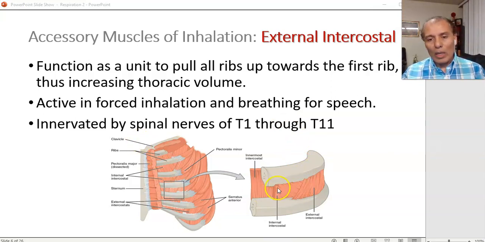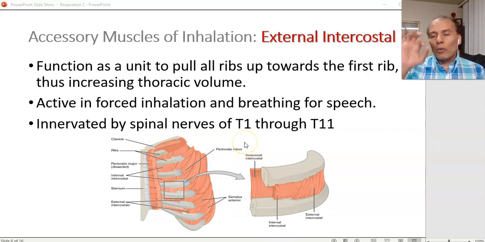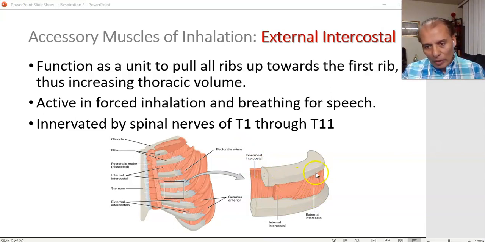These muscles are innervated by the spinal nerves that go from thoracic vertebra 1 throughout thoracic vertebra 11. And again, each segment of them originates on the inferior outer border of one rib and courses inferiorly and medially to insert on the superior outer margin of the rib that is below it.